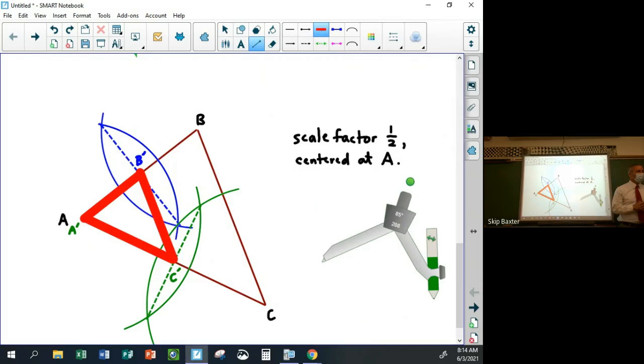No. Okay. It's optional if you're passing with a 65 or better for the year. Mr. Wall is going to make it optional for that, but we were told that you have to do it for everyone. Yeah, I don't know. If you want to think of it that way, then this is your final, and it counts as a normal test. And if the administration asks me, that's what I'm doing.